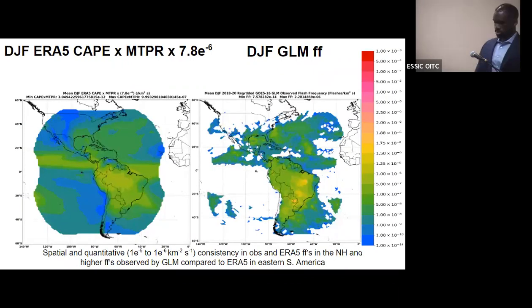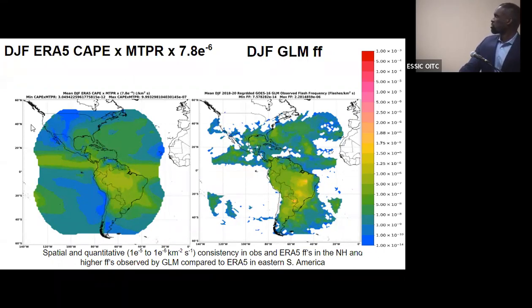So what I did was I multiplied the CAPE times that mean total precipitation rate, and also a factor of 7.8 times 10 to the -6 to get these per kilometer squared per second units. And so that multiplication is here on the left. And then I have the GLM flash frequency on the right from GOES-16 GLM.